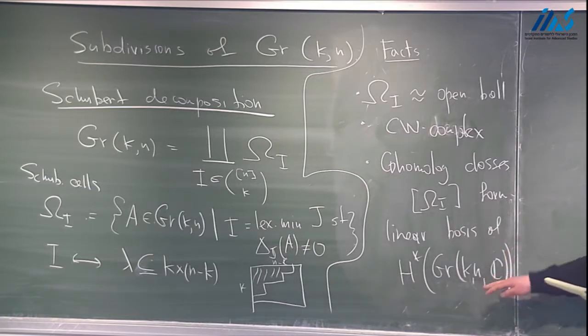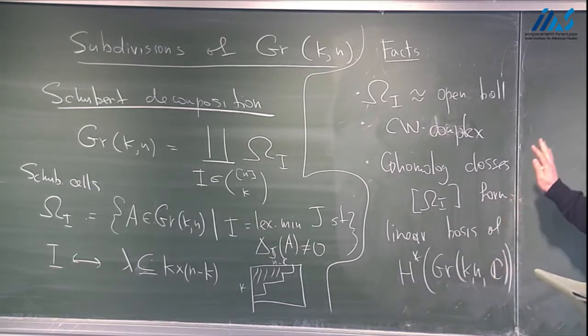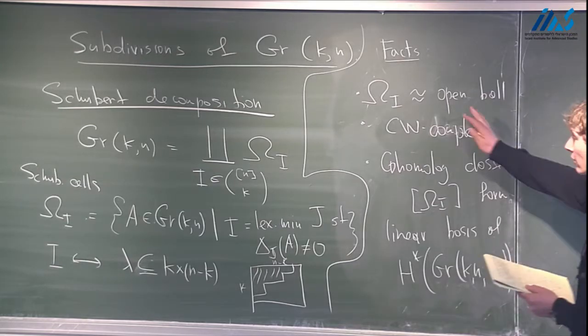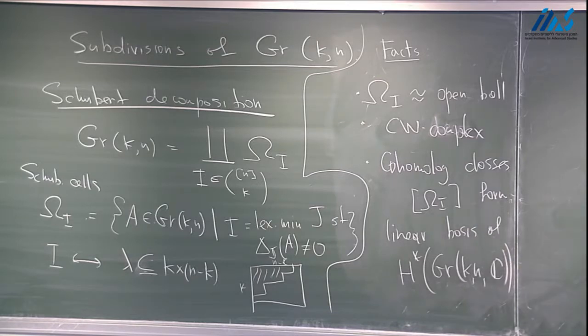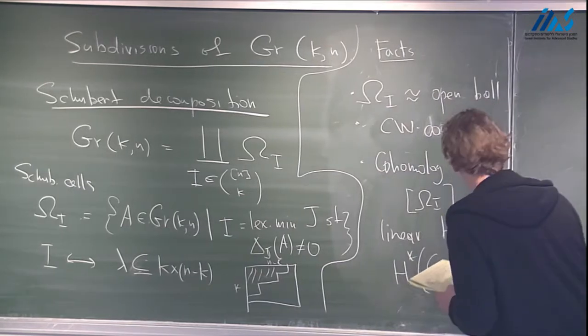That's basically the subject of Schubert calculus. Actually, one of the Hilbert problems was about Schubert calculus, so that's a very classical thing. It was known well before matroids were introduced. Okay, so that's a nice decomposition.